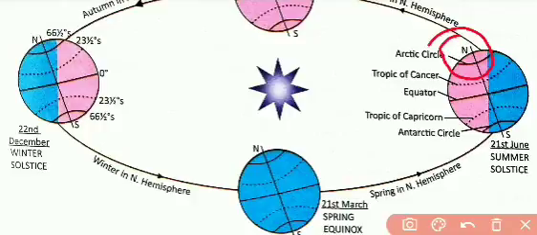Similarly, just the opposite is happening over here. The southern hemisphere is tilted towards the sun and the southern portion is experiencing summers and the northern hemisphere is experiencing winters. That is winter solstice.